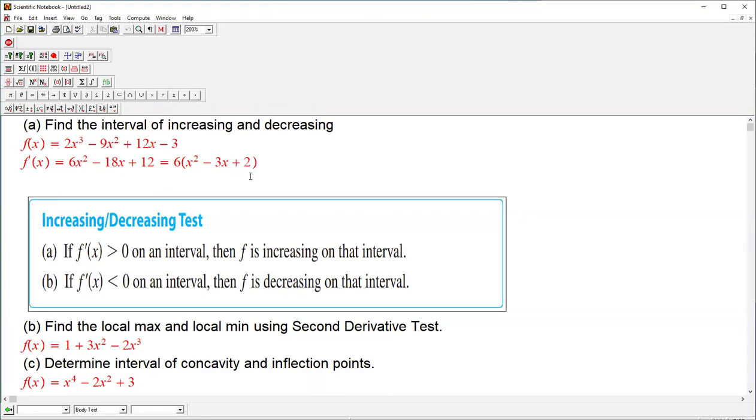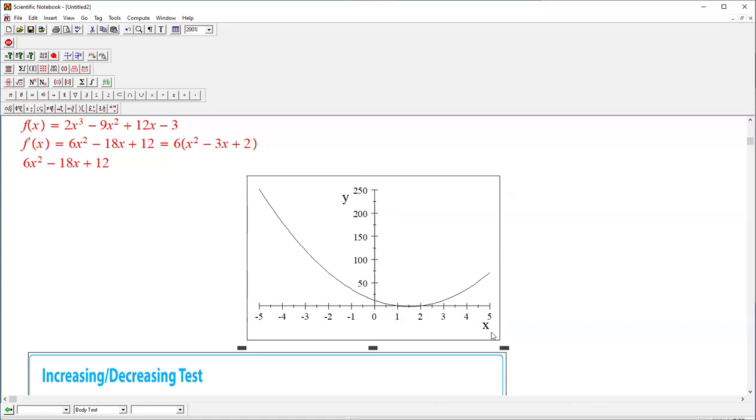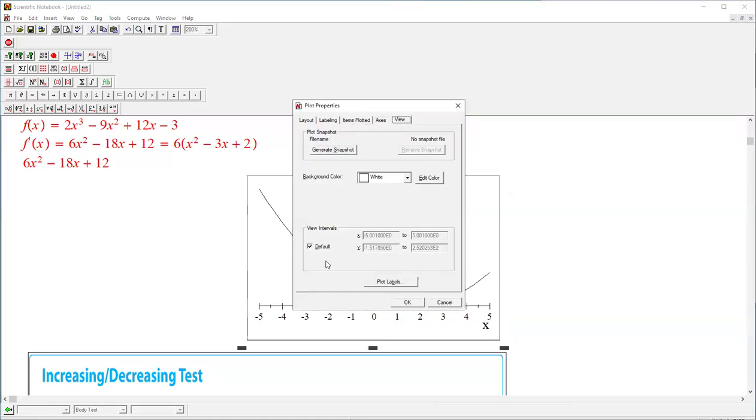It's a parabola, and this parabola opens up. On the quiz, you cannot graph it, but you can just sketch a parabola and mark the x-intercepts.